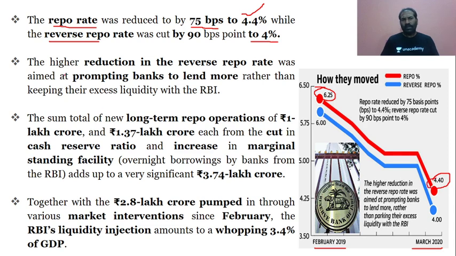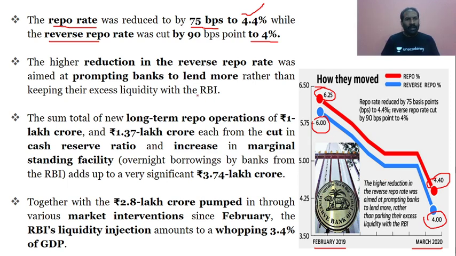And the reverse repo rate was 6 percentage in February 2020, and in March 2020 it is 4 percentage. So it has dropped almost 2 percentage for the repo rate, and in regards to the reverse repo rate, 2 percentage has been reduced.